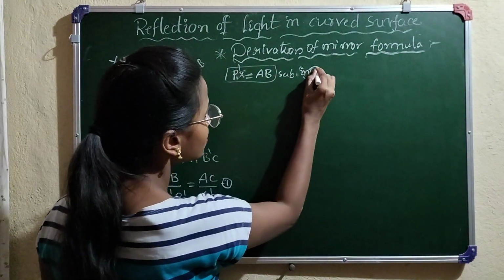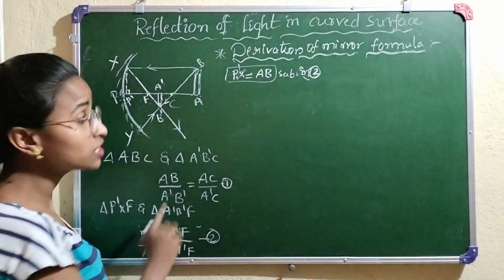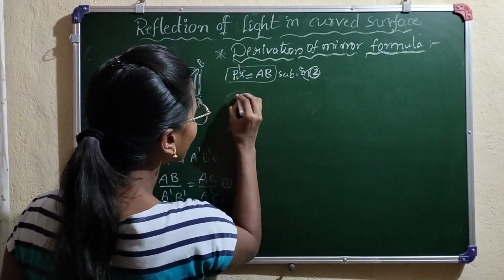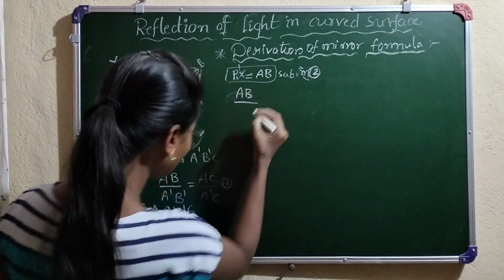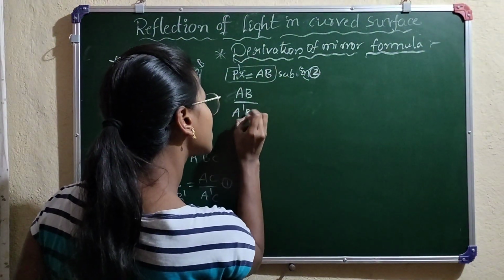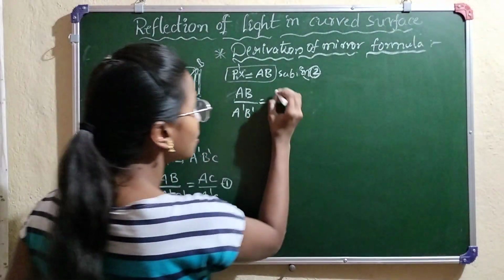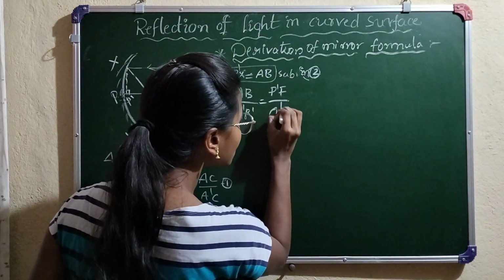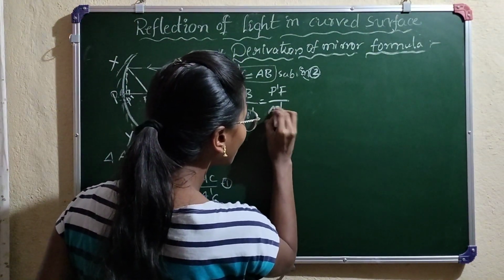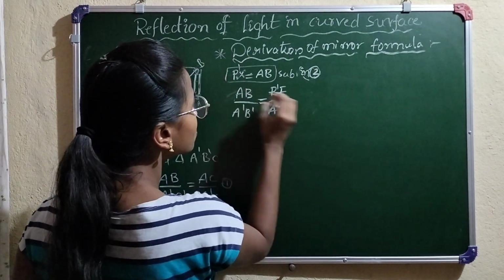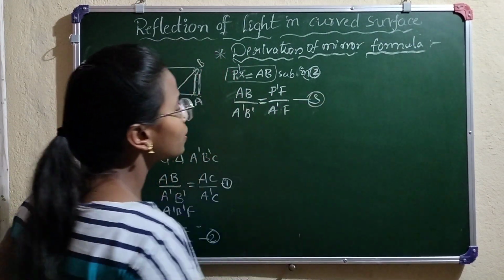In the place of P dash X we substitute AB, so equation 2 becomes AB by A dash B dash is equal to P dash F by A dash F. I am taking this as equation 3.